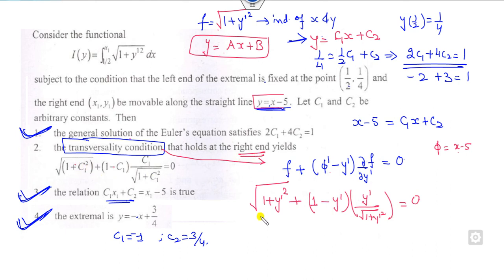So what is the value of y dash? That's c1. If I substitute y dash as c1, it satisfies this equation. So this is also the correct option. So all are correct answers of this problem.